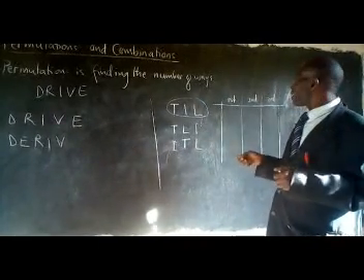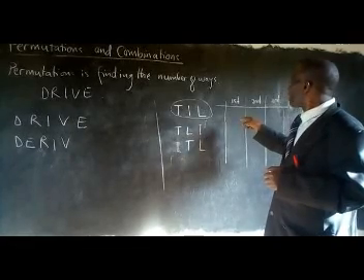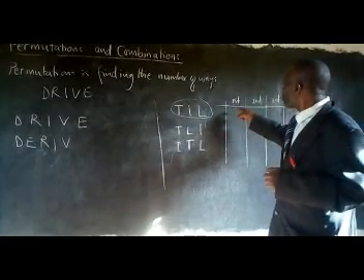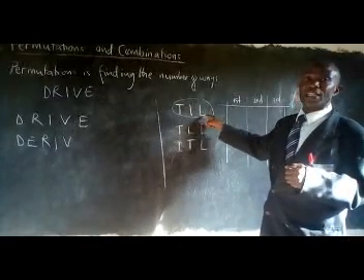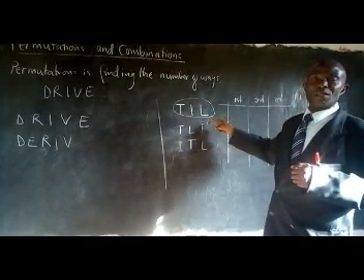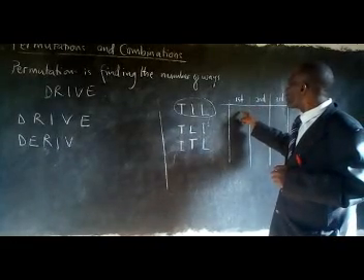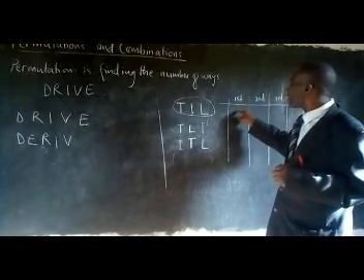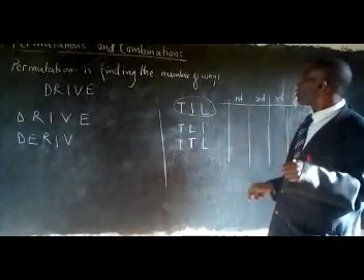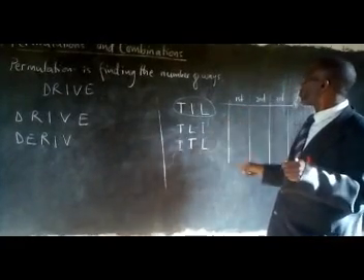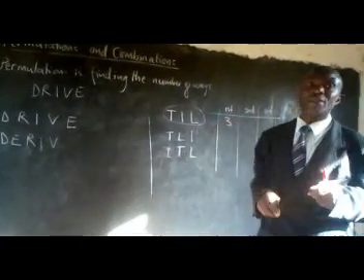How many possibilities can we have to put a first letter here? Remember that we have got only 3 letters. So the possibilities of choosing the first letter are 3. Either a T can go here, or I can go here, or L can go here. So we have 3 possibilities.